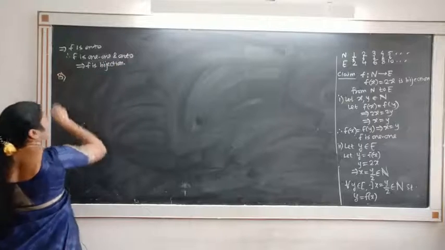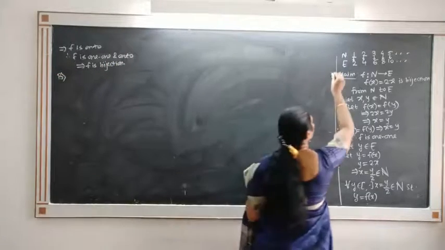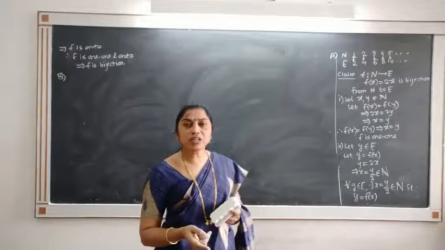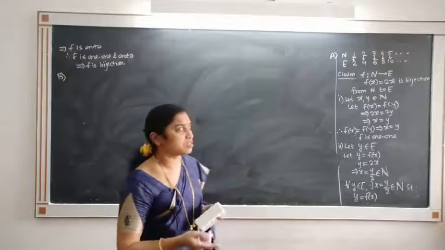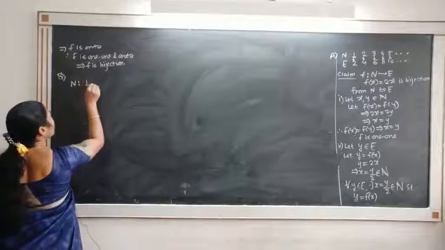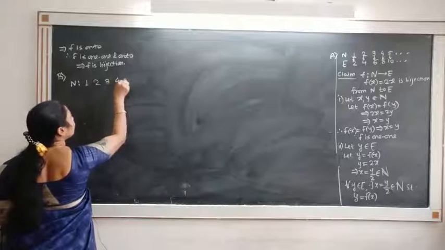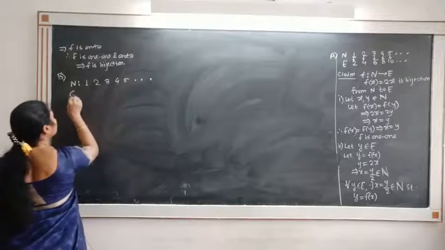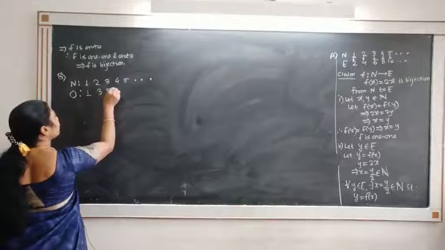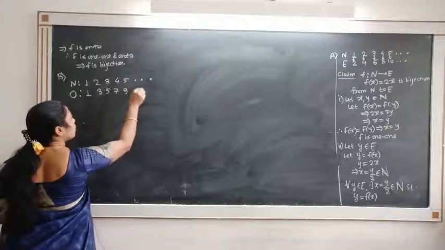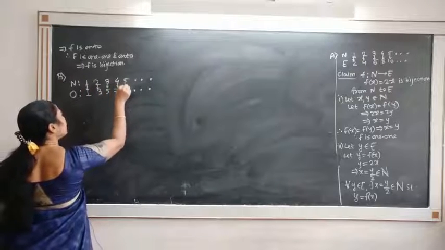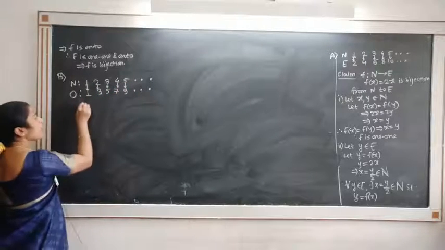Now consider the second part. We want to check whether there is a bijection between natural and odd naturals, that is N and O. N consists of the elements 1, 2, 3, 4, 5 and so on. Odd naturals are nothing but 1, 3, 5, 7, etc. So map this accordingly; obviously this map is a one-one map. How do we define the map?